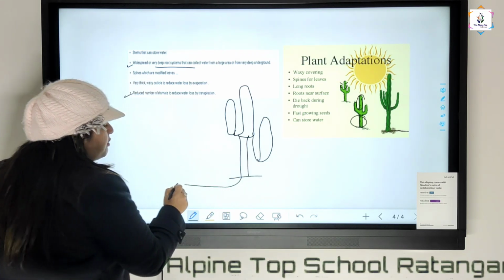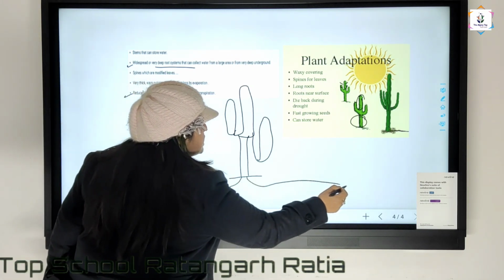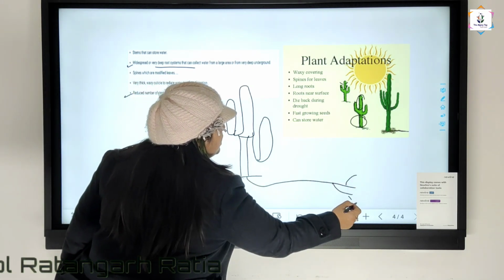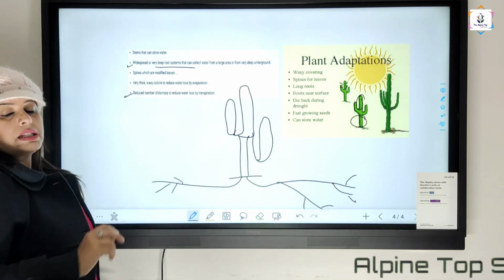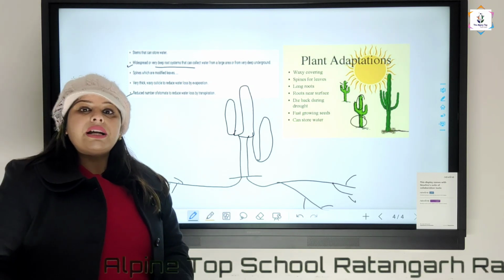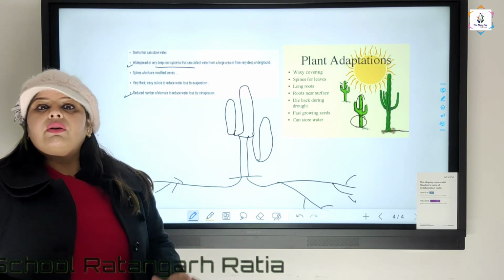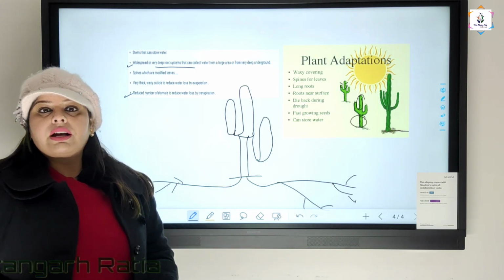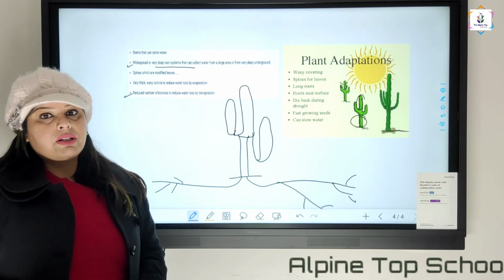Their roots are very widespread, so that they can collect water from nearby places. That is why their roots are very widespread, so that they can collect the water wherever it is available in the ground. As you all know, in the desert area there is a scarcity of water.